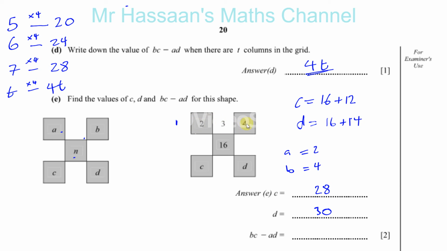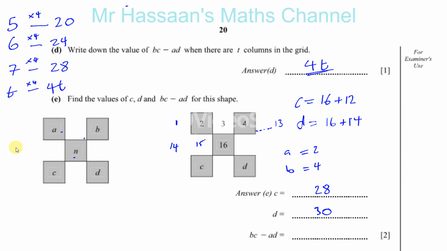So if there are 13 columns, 13 times 4 will tell us the value of BC minus AD, and that's 52. Okay, so we know that this is equal to 52. That's a quick way of doing it. If you want to do it the longer way, you can still do that. You can say, okay, I know A is 2, B is 4, C is 28, D is 30.